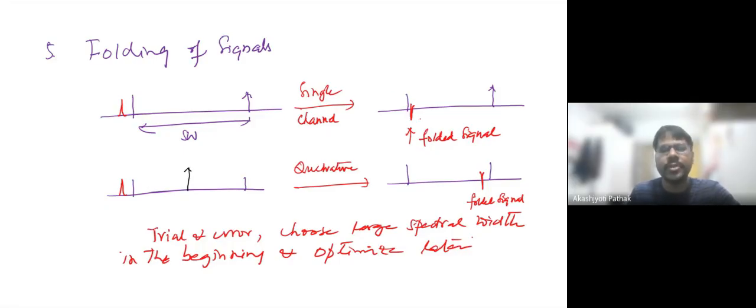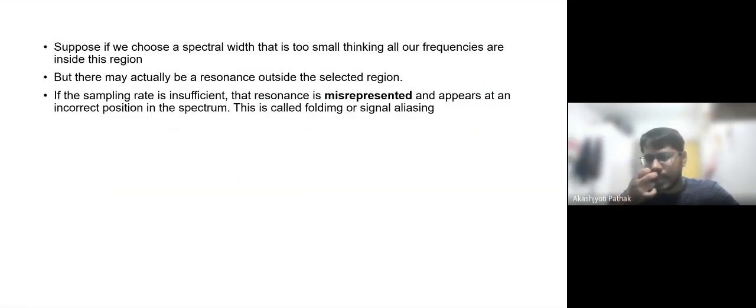Otherwise, you are expecting a signal at say 10 ppm or 8 ppm, but because you have not selected the spectral width properly, you are getting it at a different ppm value, 4 ppm. So you have to keep the spectral width large, so that there is no folding of signal.